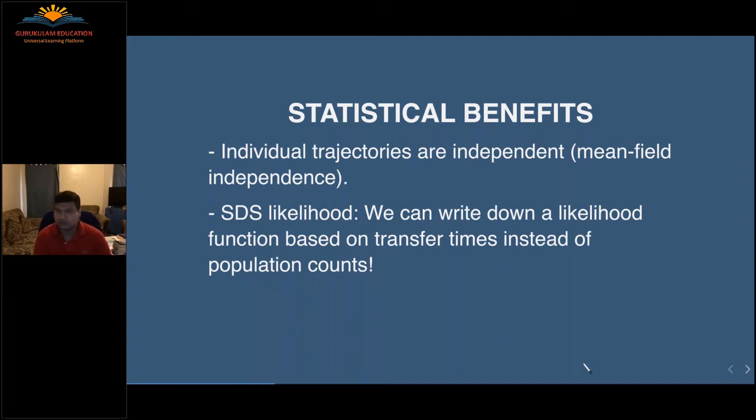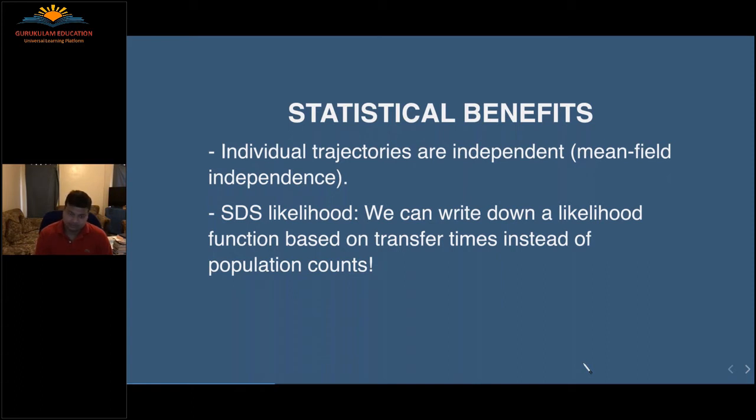This is also called the mean field independence or propagation of chaos. This has a huge implication in data science, which means that you can write down likelihood functions that are in a product form. So they are very easy to compute, and you can devise very efficient algorithms.